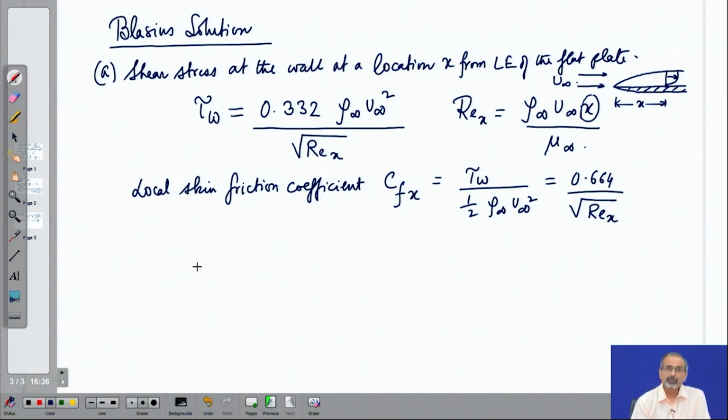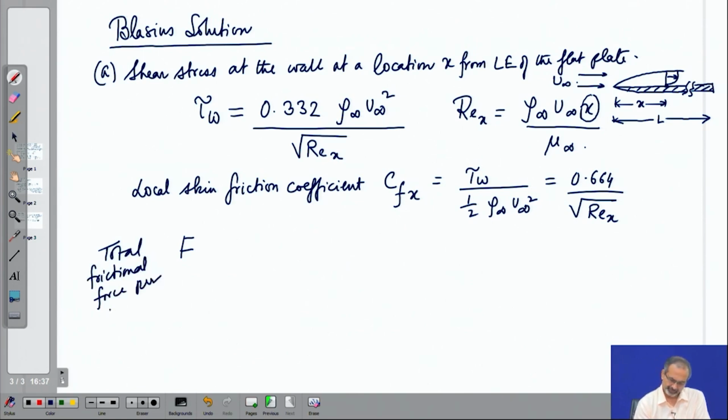Now, as you can understand, the local skin friction coefficient is a function of x. If you were to find an average value of skin friction over the entire plate, let us say the total plate length is L, then what is the total frictional force per unit span or depth, that means out of the plane of the paper?